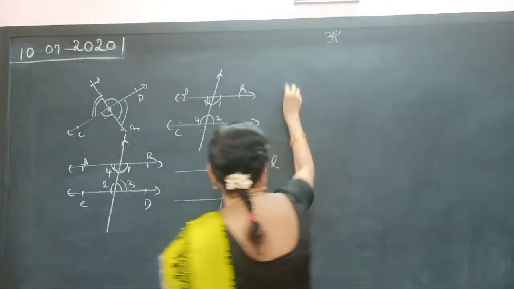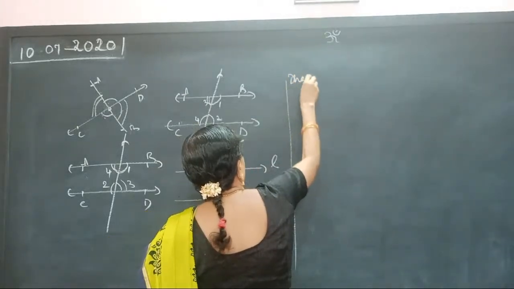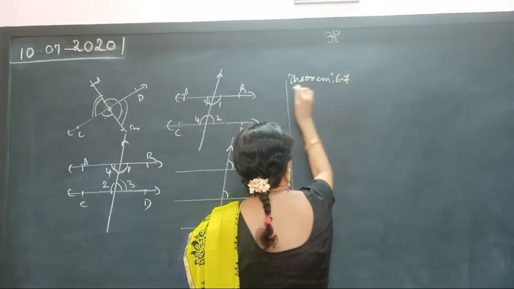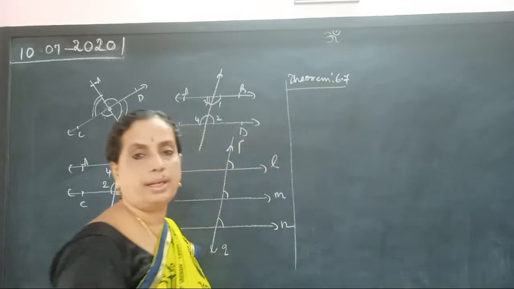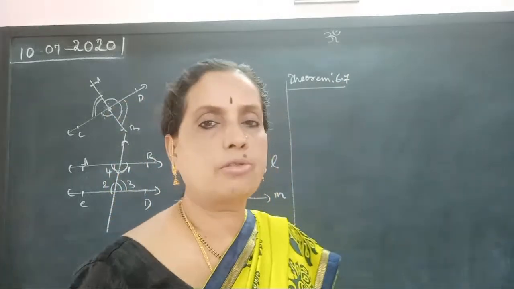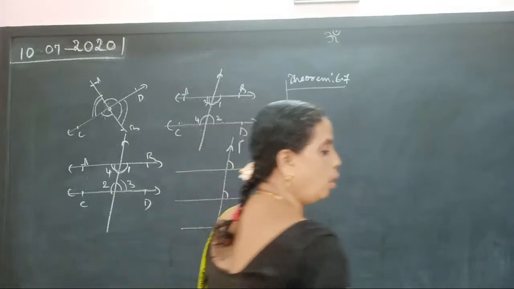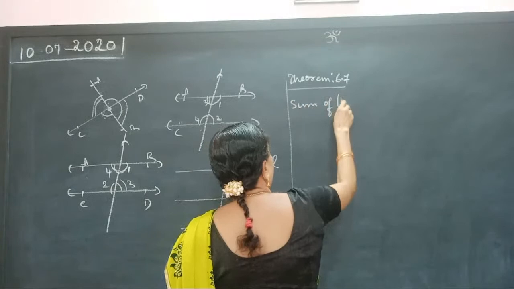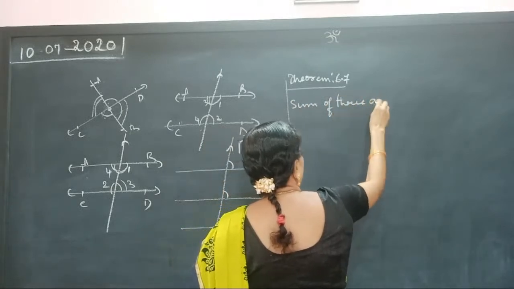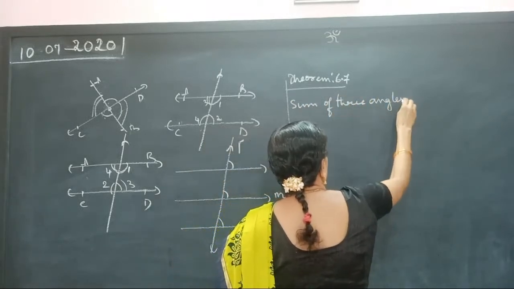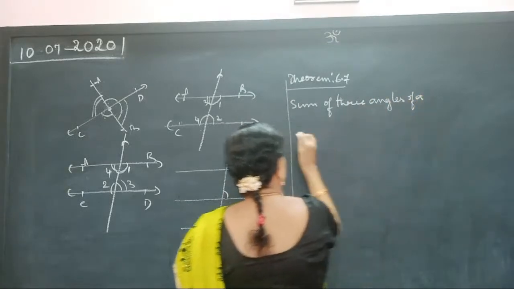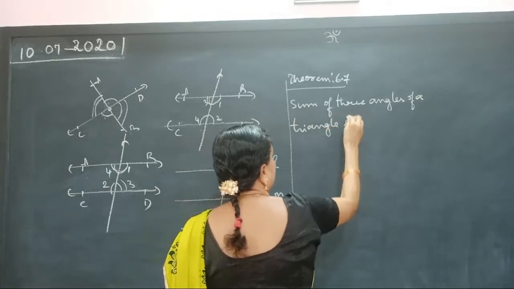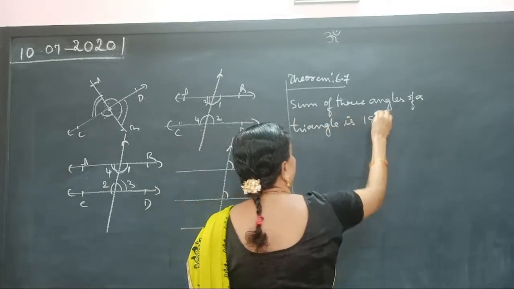Today we go with theorem 6.7. Very important theorem. Take the heading theorem 6.7 and below that you write: sum of three angles of a triangle is 180 degrees.